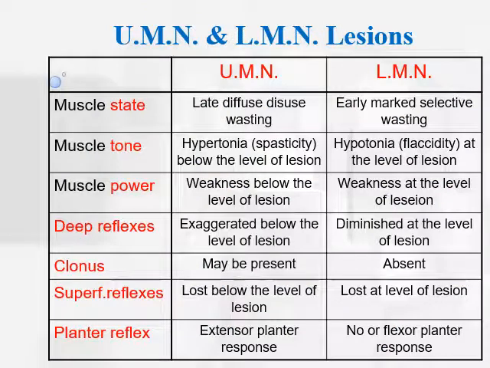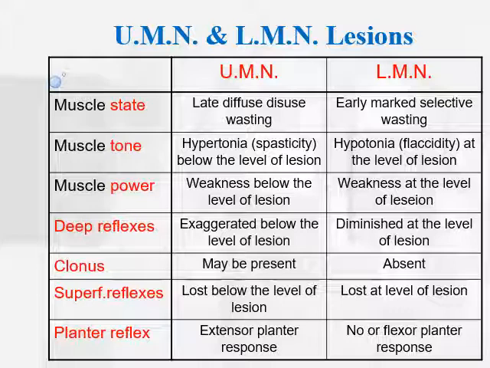So any lesion in the upper motor neuron will give a completely different picture from a lesion in the lower motor neuron. As regards the muscle state, the upper motor neuron lesion will show wasting, but it will be very late, and it will be a disuse atrophy, while in the lower motor neuron lesion, involving the anterior horn cell, the peripheral nerve, or the muscle, there will be early, marked, selective wasting.